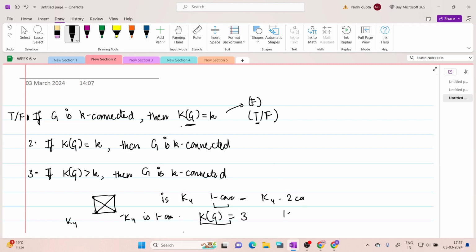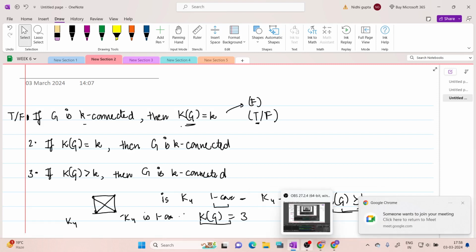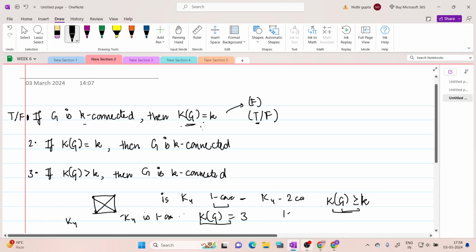So basically, if G is K connected, then at most we can say that vertex connectivity will be greater than or equal to K, because vertex connectivity is the largest K for which G is K connected. And since it is K connected, vertex connectivity has to be greater than or equal to K. It need not be equal to K. We can look at this example only.